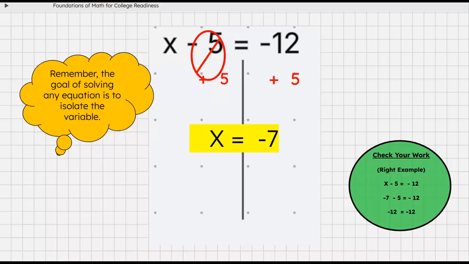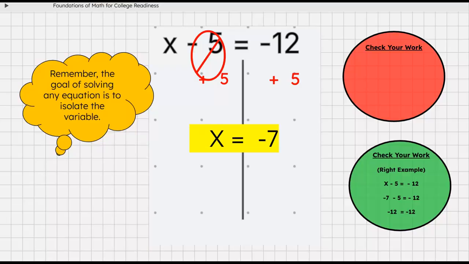But what would happen if maybe you accidentally neglected to see that negative sign and you said 12 plus 5, and we would have got 17? Let's look at what would have happened if we would have gotten 17. So if we had x minus 5 equals negative 12, and remember, we are pretending we neglected to see the negative sign and got 17.